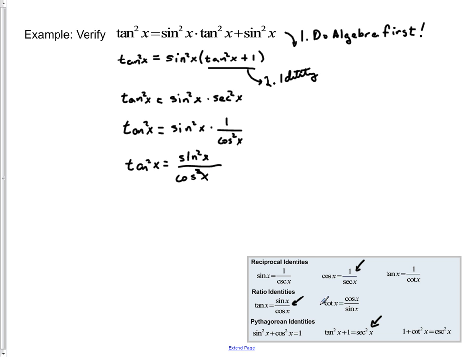And yeah, sine of x over cosine of x is tangent of x. Therefore, the square of the sine of x over the square of the cosine of x would be the same thing as the square of the tangent of x. This verifies our identity, and so, yeah, we're done. There it is. That's our identity. We've just verified it. Okay, more examples to come.